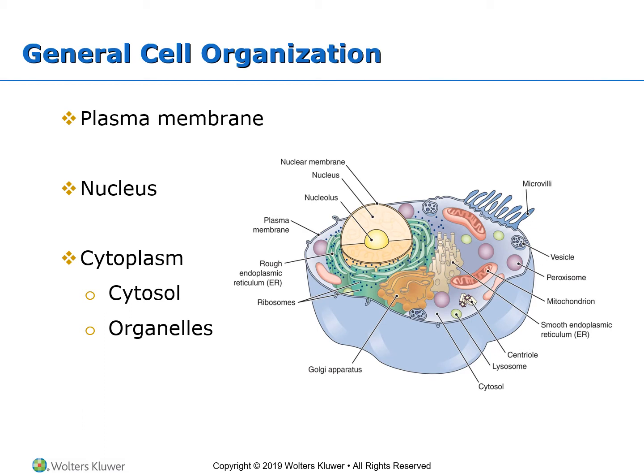Now let's see some components of the plasma membrane, because the plasma membrane is a complex structure in itself. The main substance of the plasma membrane is a double-layered, or bilayered, structure formed out of lipid molecules.